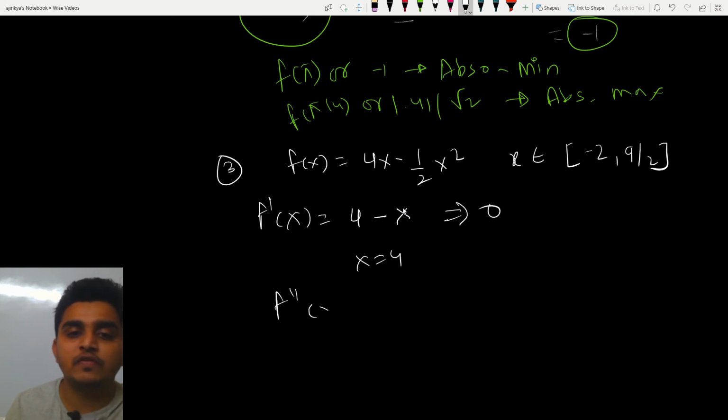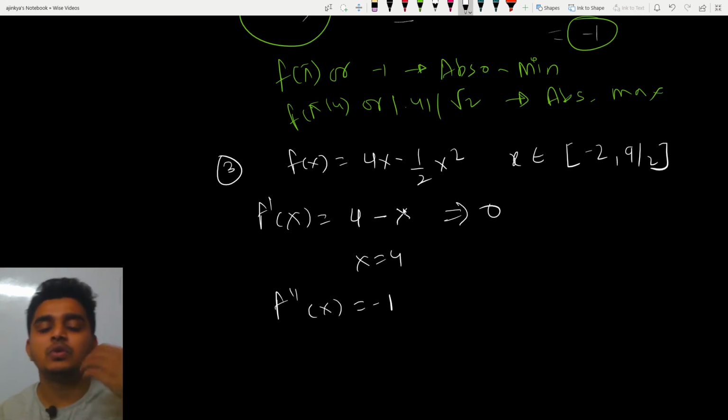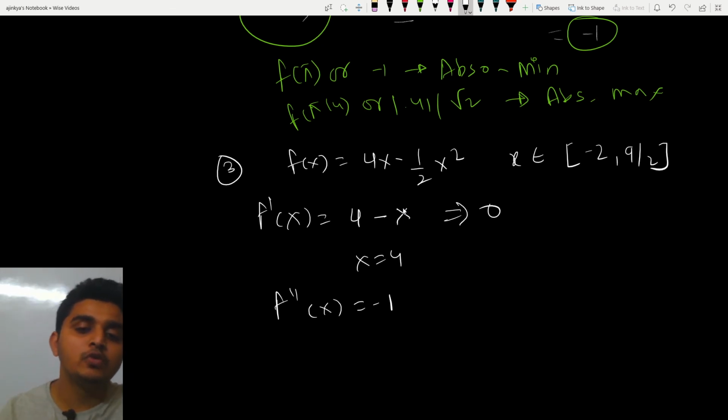And f double dash of x is minus 1. So clearly f double dash gives us a constant value, negative 1, and we don't have any substitution for x equals 4 in it. So the second derivative test fails here.